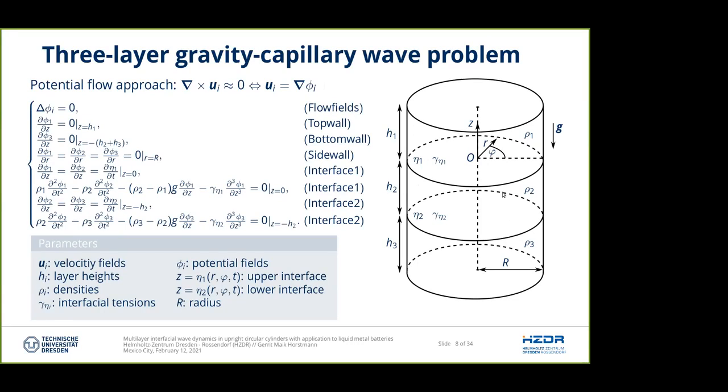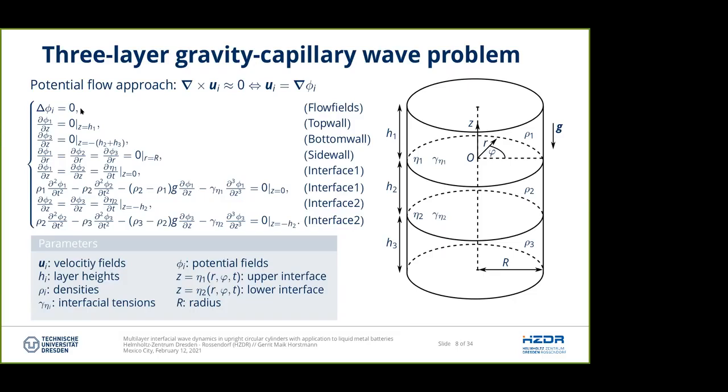So I have defined the following mathematical framework, 3 layers with different densities, different viscosities, and I also considered surface tension at both interfaces to deal also with the capillary wave limit. And I defined the cylindrical coordinate system. And you don't have to face all equations here in detail. I just formulated all the conservation laws.